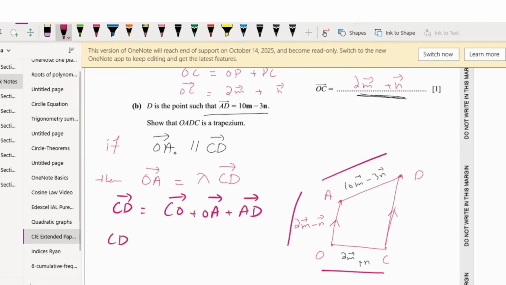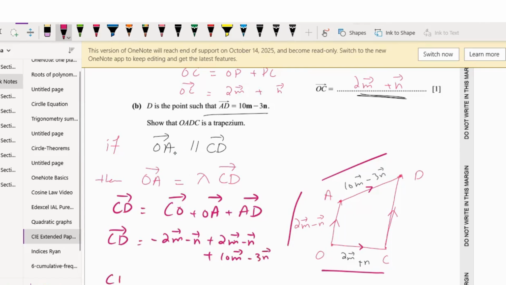Okay, in order to get CD, I think we have CO. CO we are reversing, we are moving in the reverse direction, so that will be minus 2m minus n. And you are moving in OA direction, that will remain plus 2m minus n, plus AD, we are moving in AD direction because we are given AD direction, that is plus 10m minus 3n.